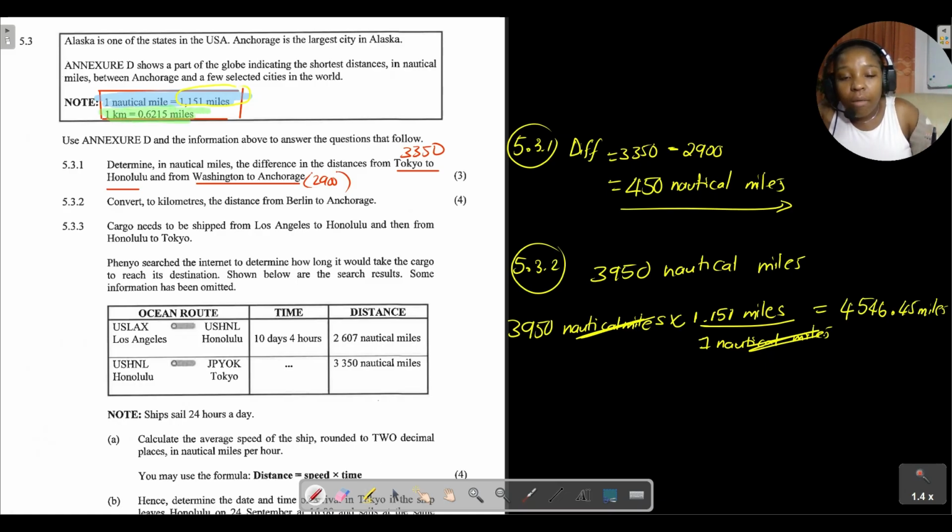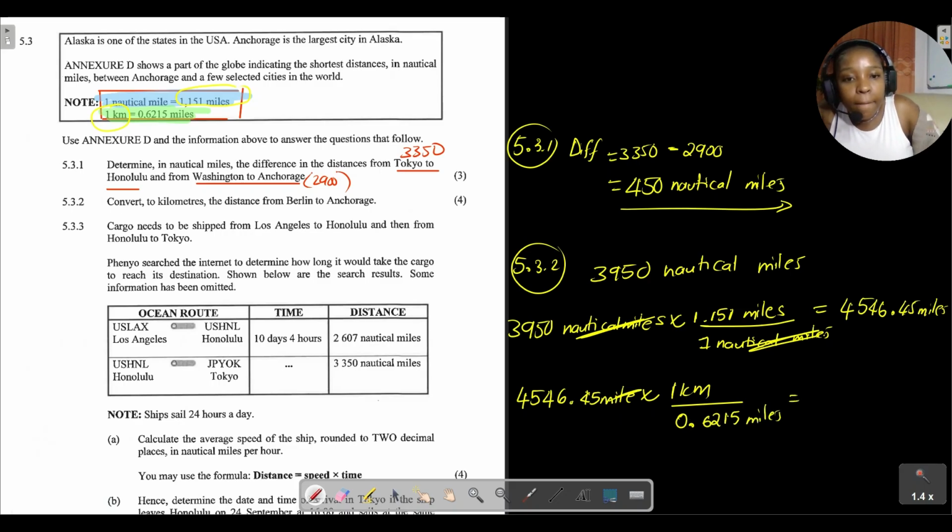Once we've converted into miles, we are going to use the other equation to convert these miles into kilometers. So we've got 4,546.45 miles multiplied by, what do we want? We want to move to kilometers. So I'm going to multiply by 1 kilometer divided by what I have. I've got my units in miles, so I'm going to divide by 0.6215 miles.